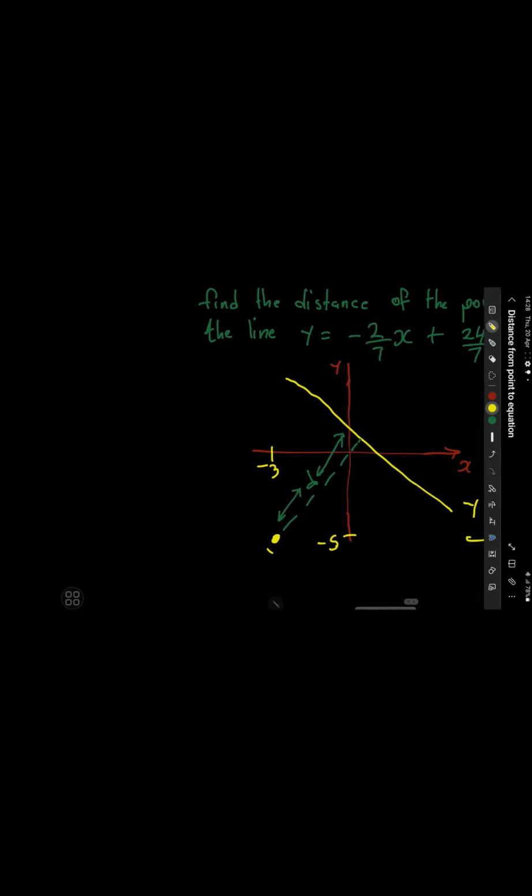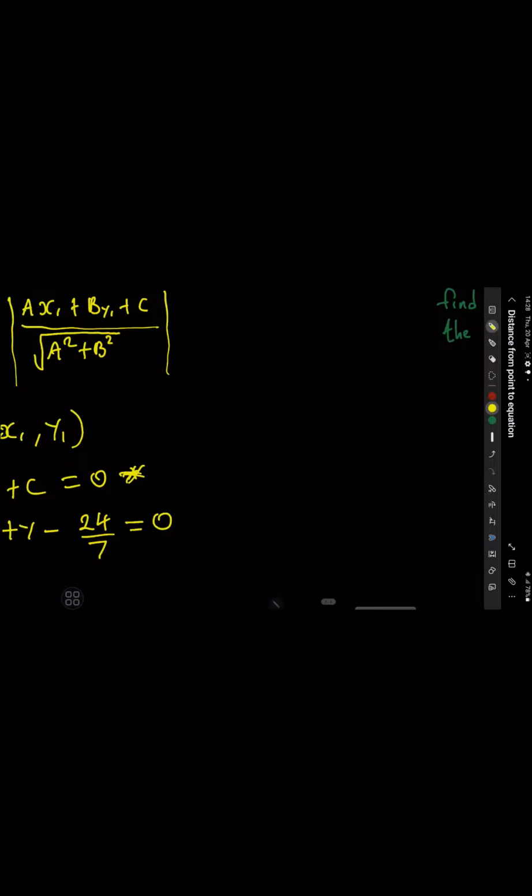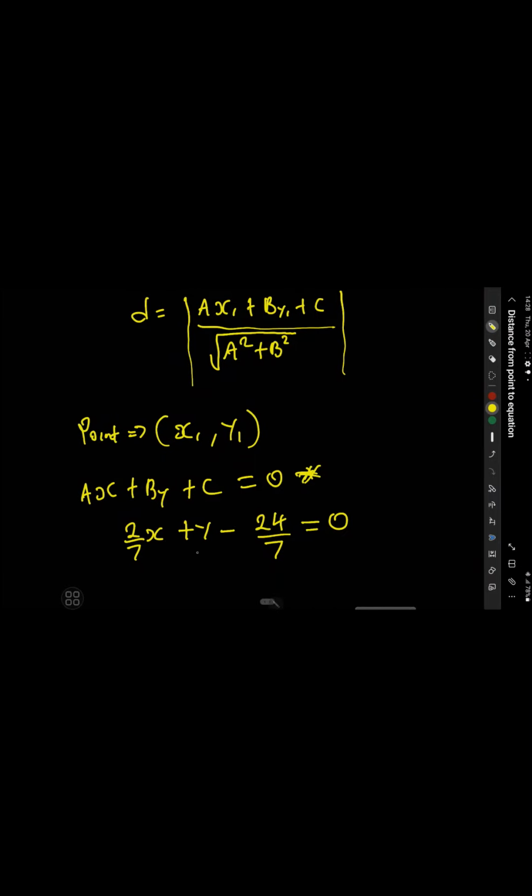We've made everything cross the equal sign, so the -2/7 had to cross and 24/7 had to cross. Then we begin the expression with 2/7x plus y minus 24/7, which is equal to 0.